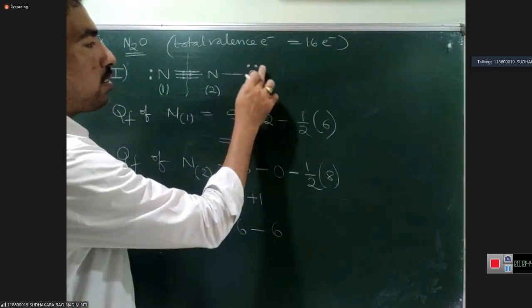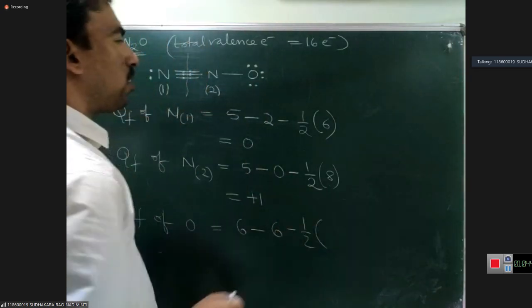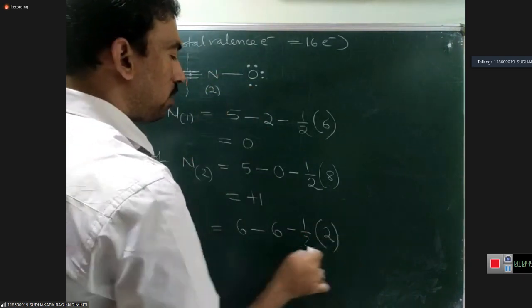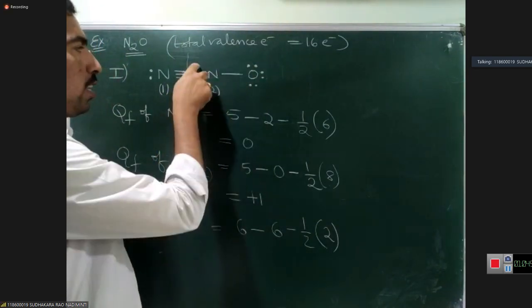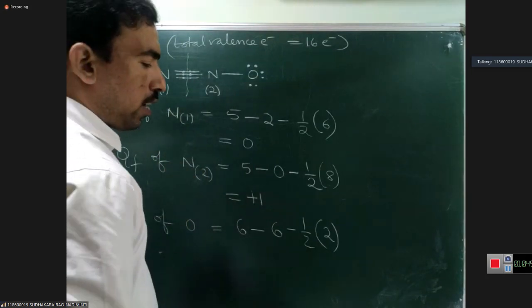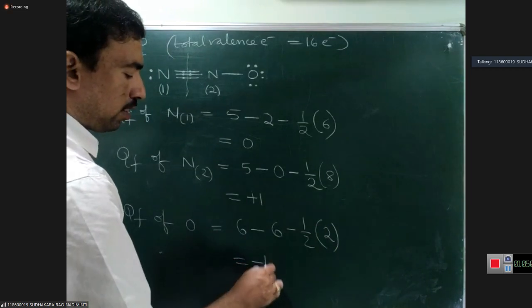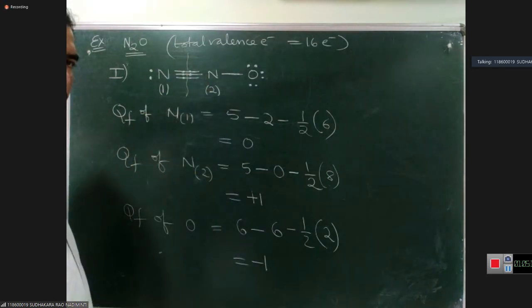So 6 electrons as lone pairs, minus half into number of electrons as bond pairs. This is only one bond, and one bond means 2 electrons. 1 bond 2 electrons, 3 bonds 6 electrons, 4 bonds 8 electrons, like that. So 6 minus 6 minus 1 equals minus 1. First nitrogen formal charge 0, second nitrogen formal charge plus 1, oxygen formal charge minus 1.